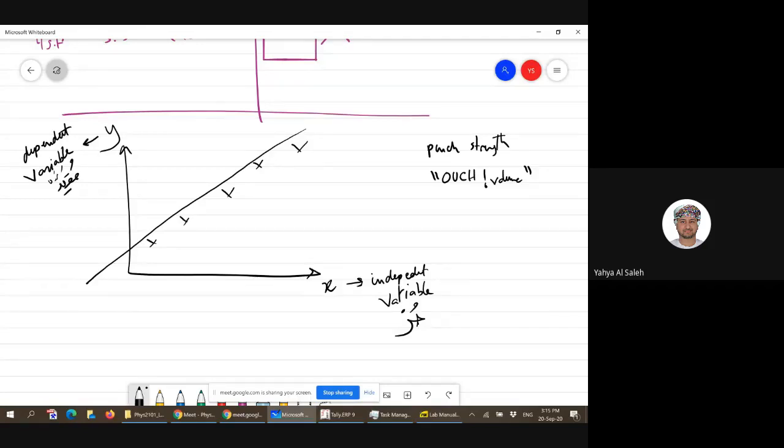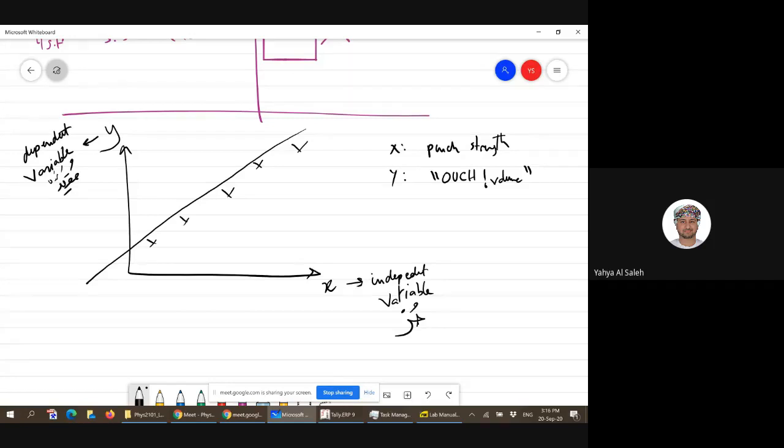The punch strength goes on the X because this is what I control. The screaming volume goes on the y-axis because it depends on how hard I punch you. It's not the other way around. Okay, so good. You got this one correctly.